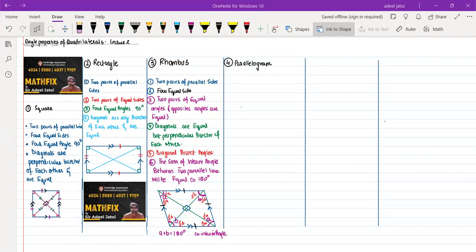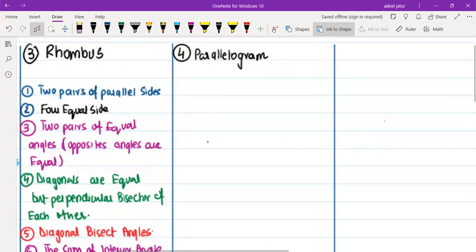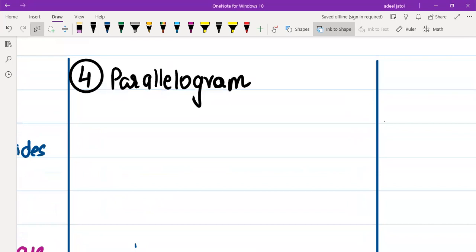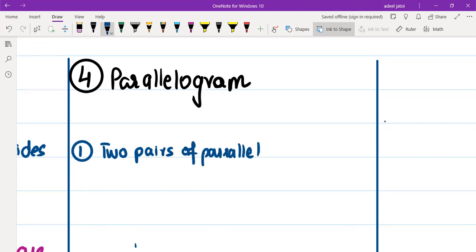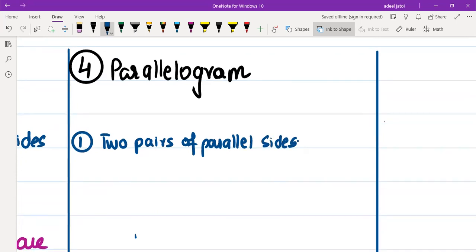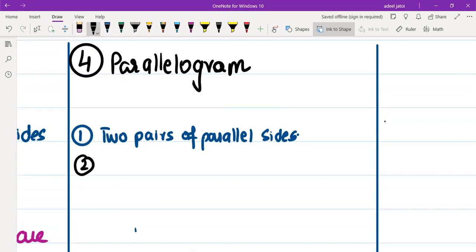So the fourth quadrilateral property that we are doing is of parallelogram. Now, point number 1. Again, two pairs of parallel sides. Then we have two pairs of equal sides.